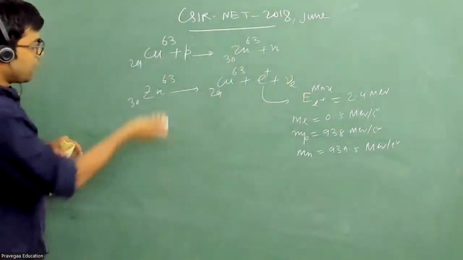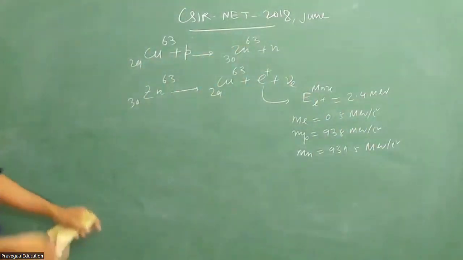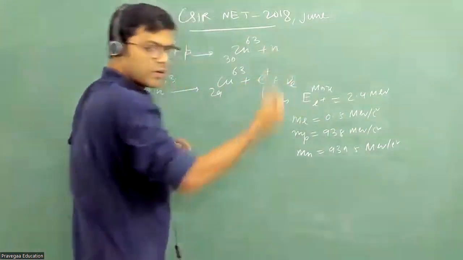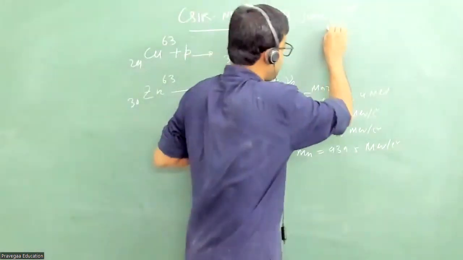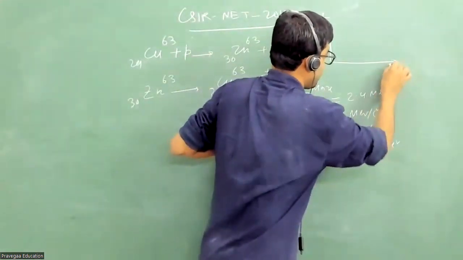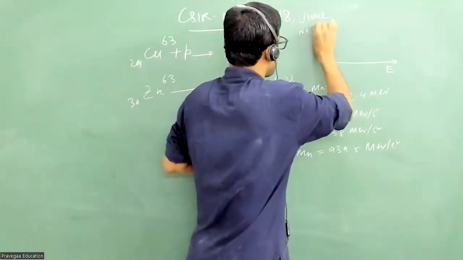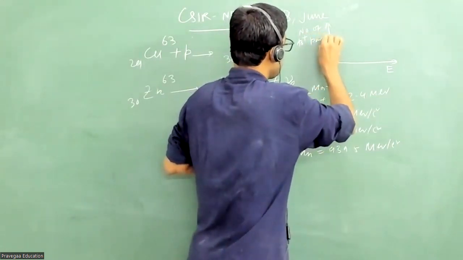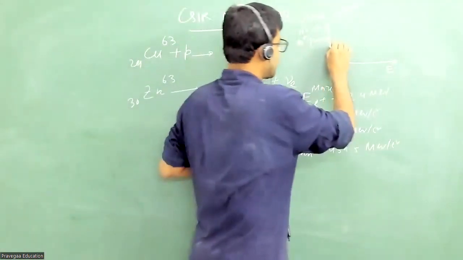So what you have to calculate? You have to calculate the Q value of this original nuclear reaction. The important point here is that the maximum energy carried out by beta plus particle is given. You know that the spectrum of beta plus particle is like this. This side you have energy, and this side you have number of emitted beta plus particles. It's a continuous spectrum.